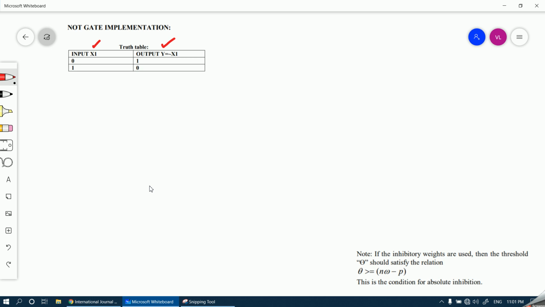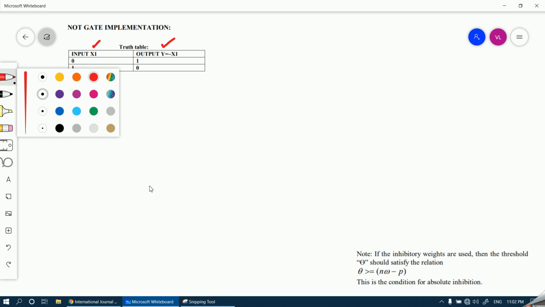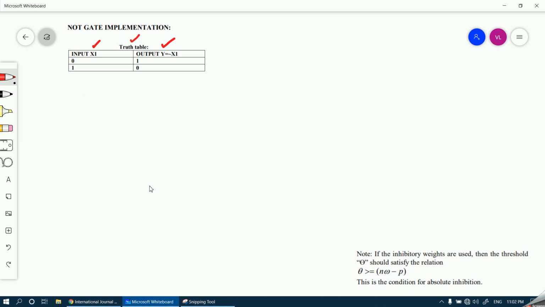When the input is 0, the output is equal to 1, that is, the neuron will fire. When the input is 1, the output is 0. So this is the truth table for NOT gate.